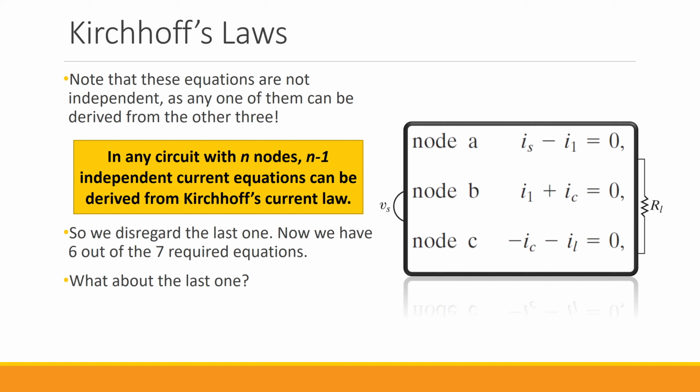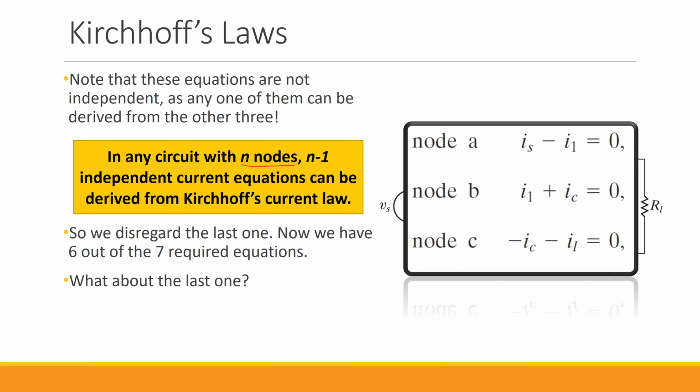So in any circuit with n nodes, this is the general rule. In any circuit with n nodes, you can derive n minus 1 independent current equations using Kirchhoff's current law. So if you have a circuit that has 10 nodes, out of those 10 nodes, you can only derive 9 independent equations.